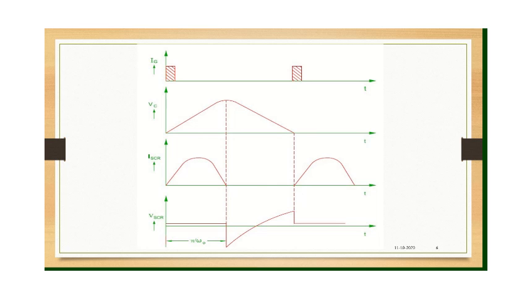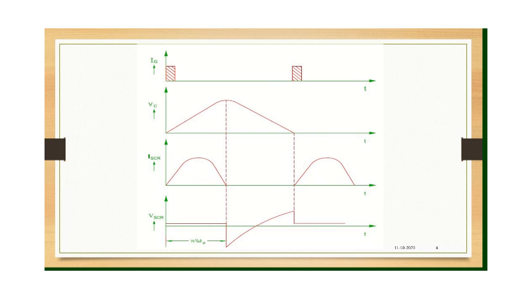Now observe the waveforms of the class A commutation circuit. We will be checking the response with respect to the input. The input is the gate current that we apply at the gate terminal. These are the voltage across the capacitor, the current across the SCR, and the voltage across the SCR.